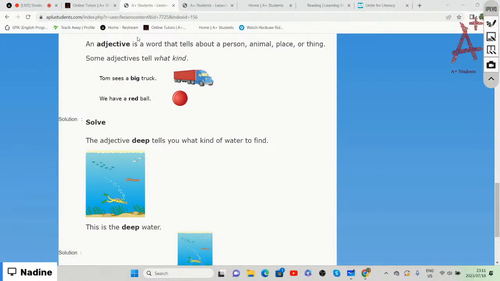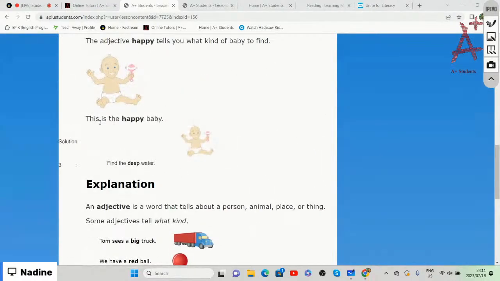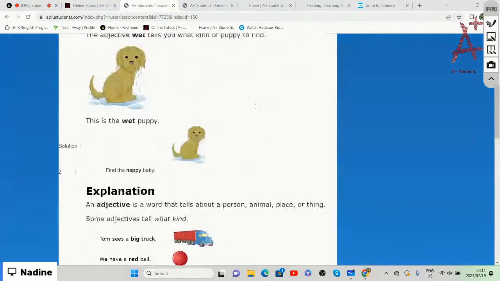Based on the lesson so far, these are the adjectives that tell us what kind, and it can be in size, in color, or even in mood or emotions. But what we need to look at is what kind, describing either a person, a place, an animal, or a thing.